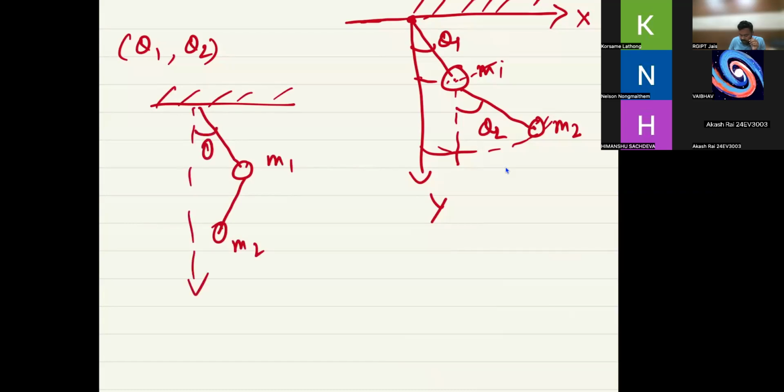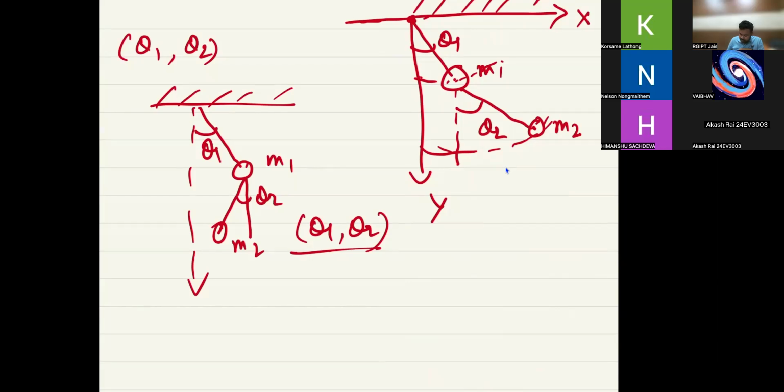Then this will be θ1 and this will be θ2. This is another configuration. So θ1 and θ2 together represent all the configurations allowed by the constraint involved.